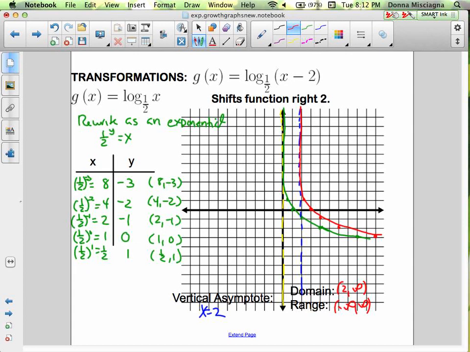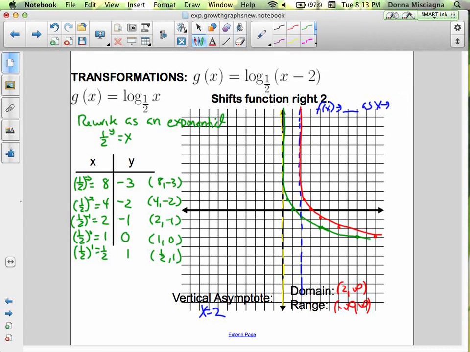Let's do end behavior, because I didn't do that on this one, and then we can go back and do it on the other one. So our function approaches what as x approaches negative infinity? Actually, we don't even get to negative infinity, do we? Does x get to negative infinity?